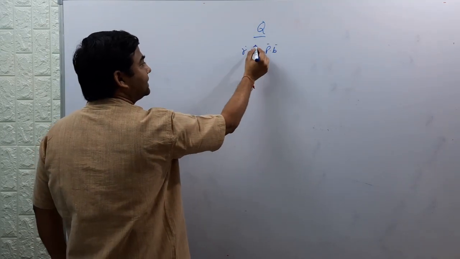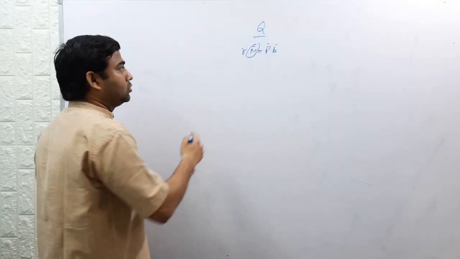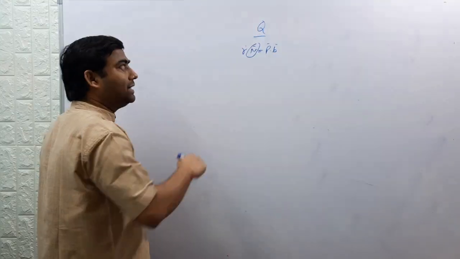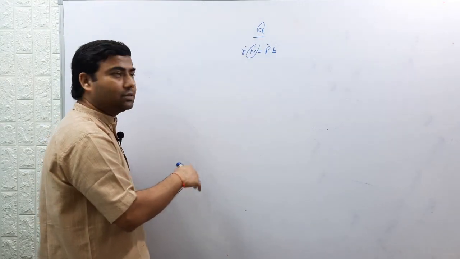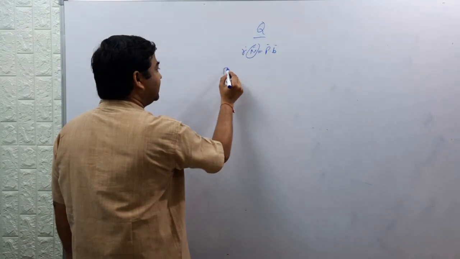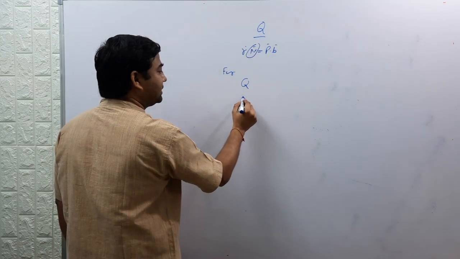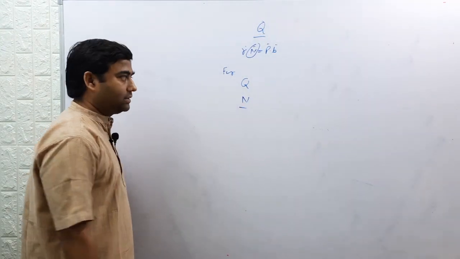In this equation, vector n is perpendicular to the plane. So this vector is perpendicular to the plane, and the line is also perpendicular to the plane. So the line will be parallel to this vector. So for the line, we have a point Q and a vector n parallel to the line.